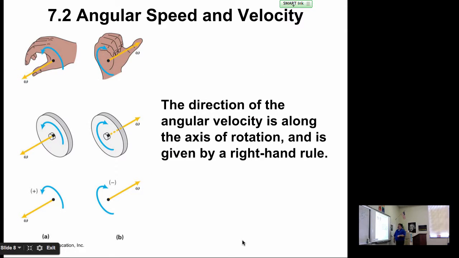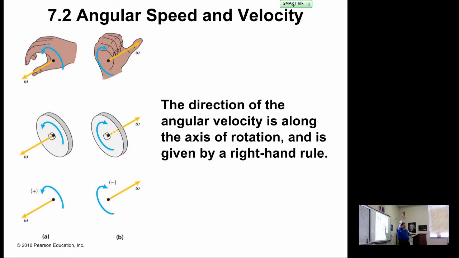And so angular speed and velocity, we have this thing that we call the right-hand rule. So the direction of the angular velocity is along the axis of rotation that is given by what we call the right-hand rule. Everybody take out your right hand and hold it in the air and wave it like you just don't care. I've always wanted to do that.